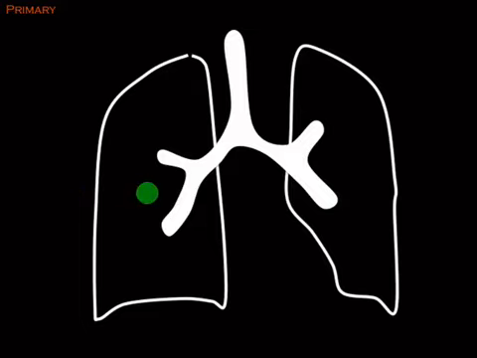Now, if that infection manages to track back into the hilar lymph nodes, you end up with a few lymph nodes that are infected also, and then you have a normal immune response. Those get calcified. That whole situation, the calcified granuloma and the hilar lymph nodes, is referred to as a Ranke complex.